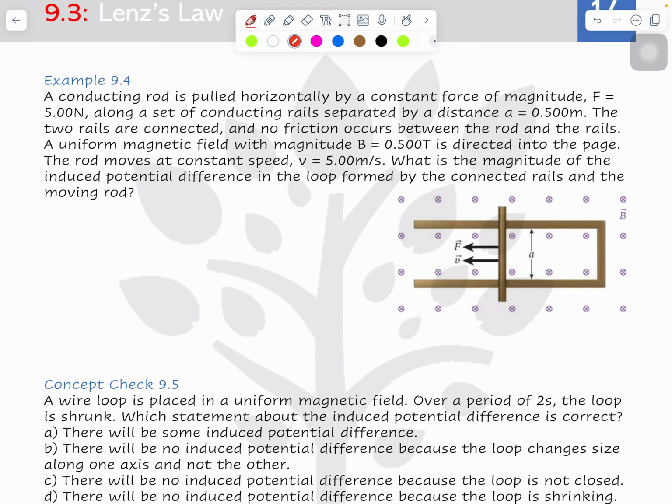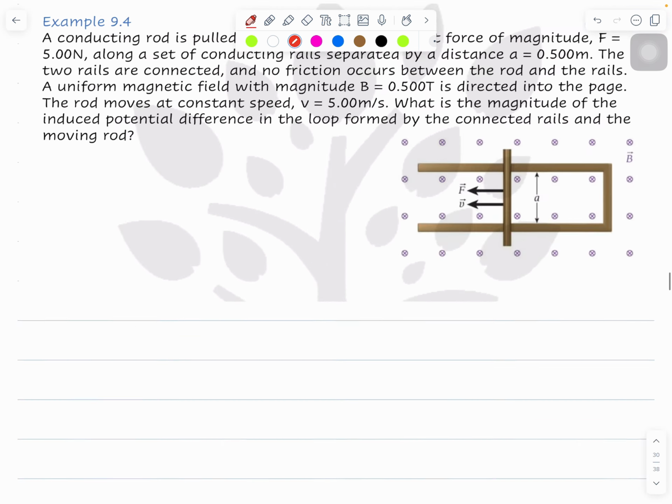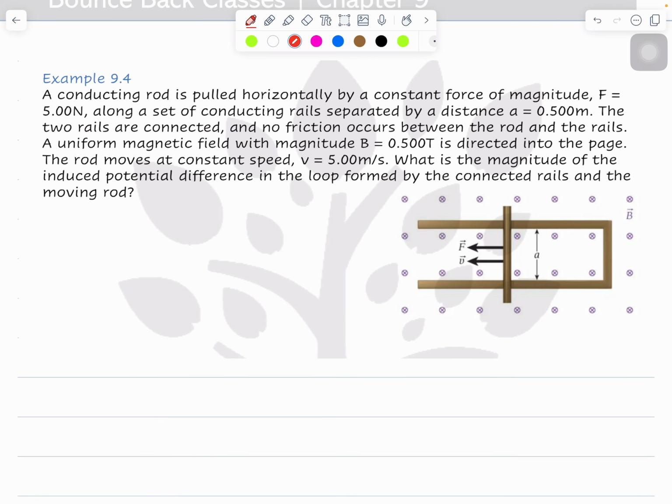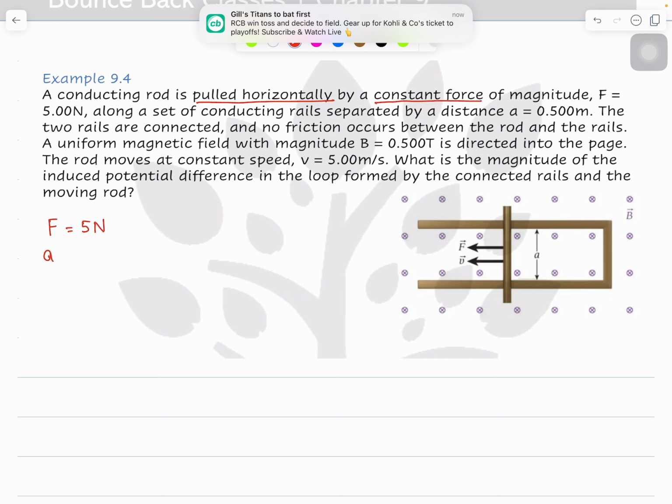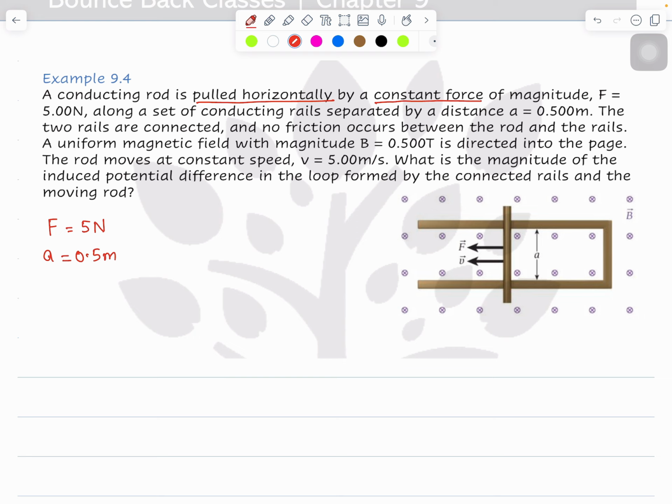A conducting rod is pulled horizontally, which means there can be a change in length, by a constant force of magnitude 5 Newton, along a set of conducting rails separated by a distance A. A is given, which is 0.5 meter. The two rails are connected and there is no friction between the rod and the rails.